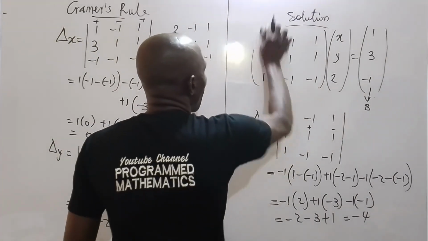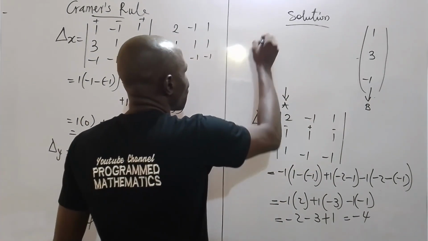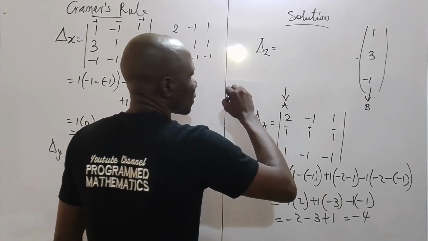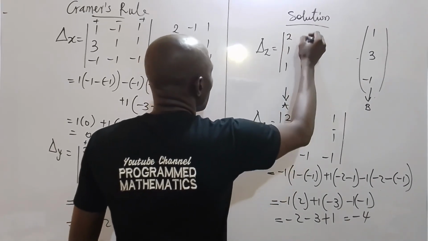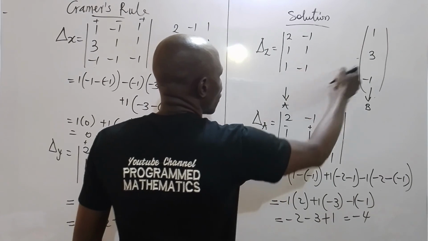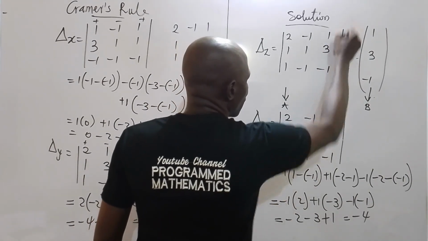Okay. So for delta z now, we're going to have determinant of 2, 1, 1, minus 1, 1, minus 1. So this will come in now 1, 3, minus 1.